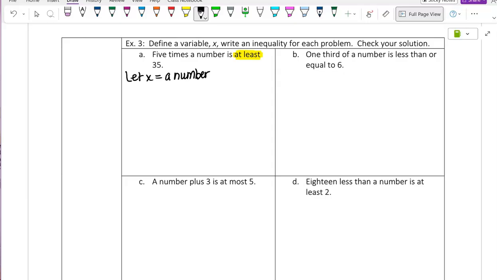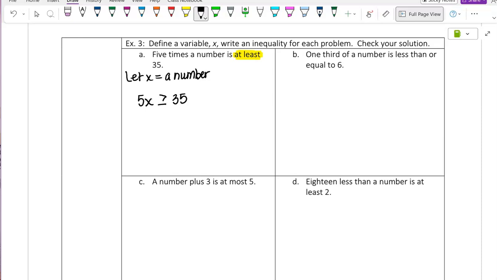So 5 times a number would be 5 times x, or 5x. So at least, which inequality symbol that we did on the previous page use the phrase at least? So yes, at least would be greater than or equal to 35.